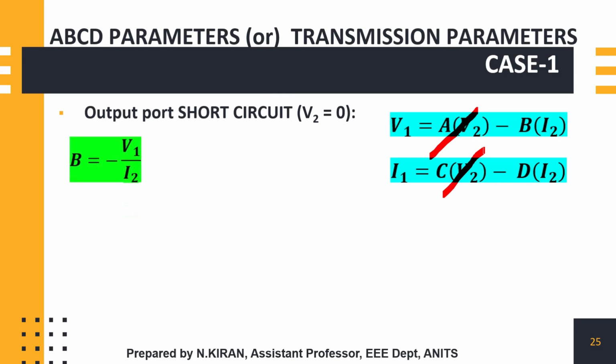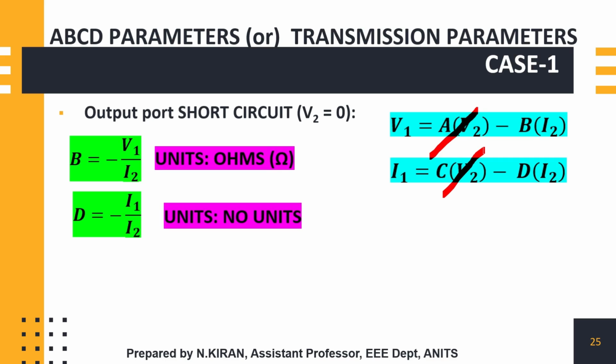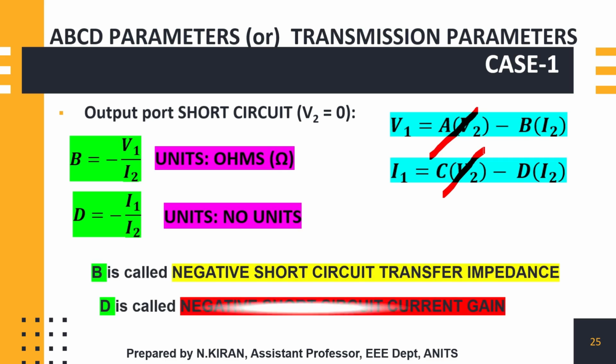Therefore, B is equal to minus V1 by I2, units are ohms, and D is equal to minus I1 by I2. Since it is the ratio of similar quantities, it has no units, where B is called negative short circuit transfer impedance and D is called negative short circuit current gain.